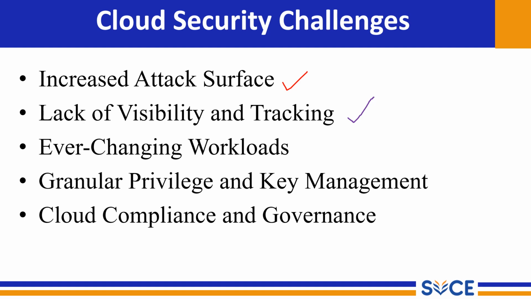Without visibility, organizations face difficulties in detecting and responding to unauthorized access, configuration errors, or compliance breaches, which jeopardizes security postures. Limited insight into cloud activities increases the likelihood of undetected threats and vulnerabilities.